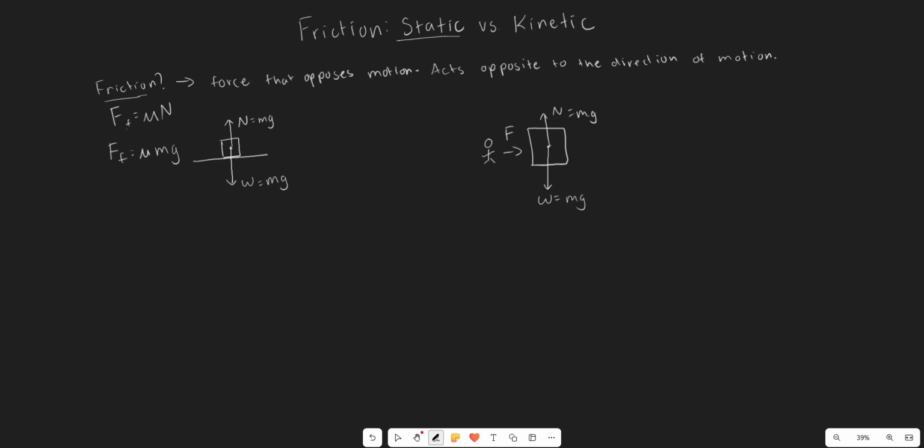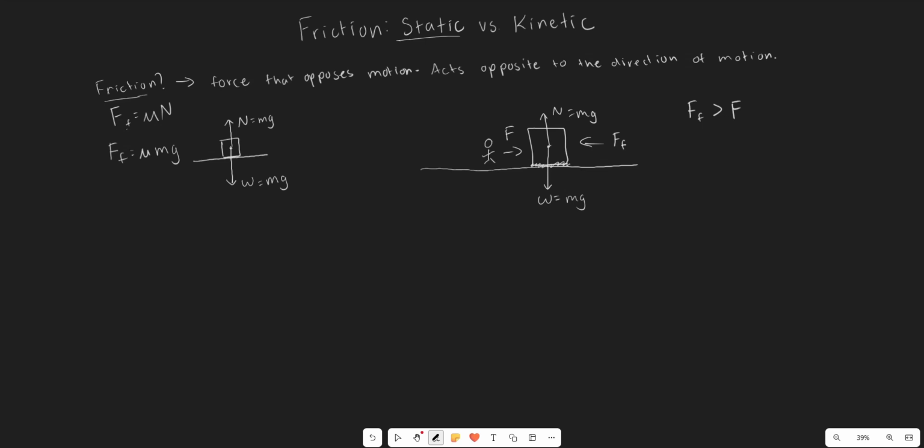But then you have the frictional force that the surface is creating, and the reason he's not able to push the box is because the frictional force, F sub F, is greater than the force that he's applying. So what does that mean? That means F sub F, the frictional force, is greater than F. So what does this have to do with static friction?